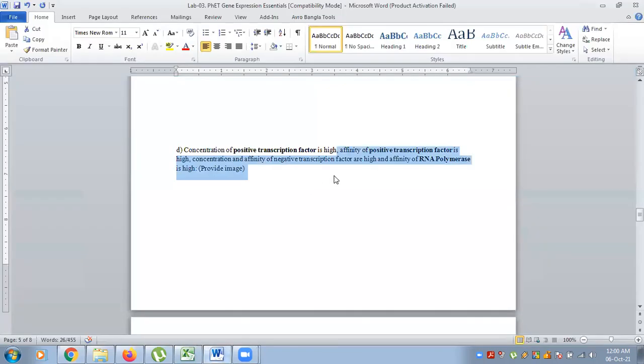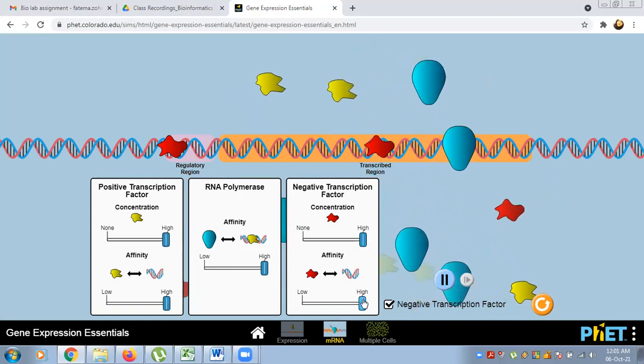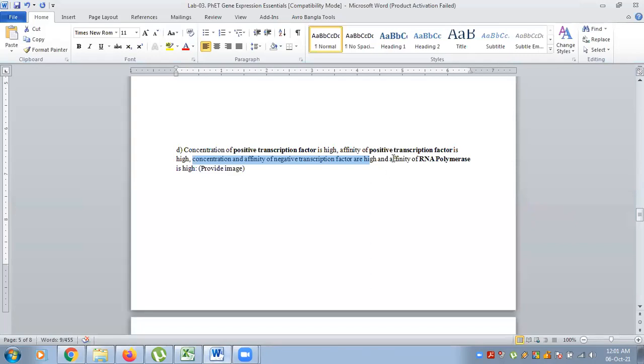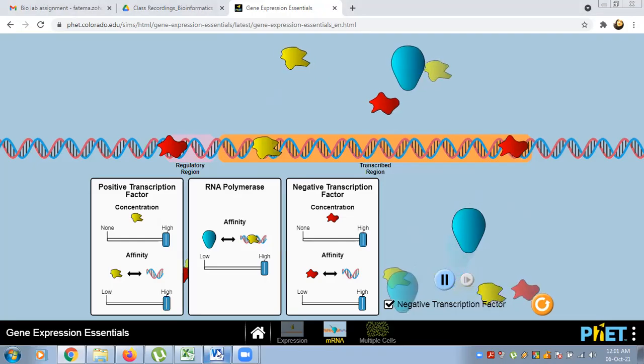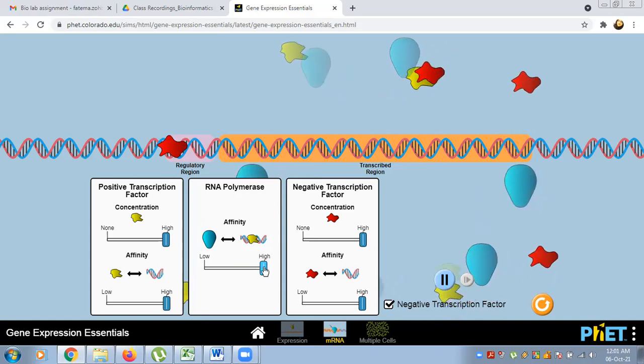Then concentration and affinity of negative transcription factor are high. So negative transcription factor concentration and affinity both are high. And affinity of RNA polymerase is also high.